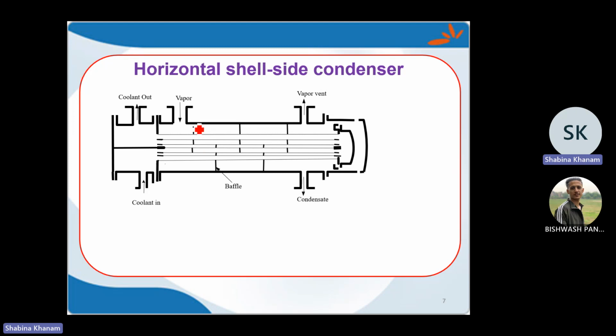And if you see these baffles, every time you will see the baffle not cut but like this only, because you are seeing from the side and the cut is vertical. So when you see from the side, you can see the baffle completely.